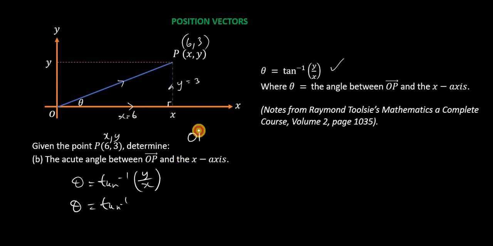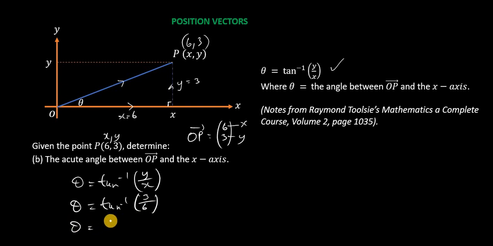And so we recall that the position vector OP as a column vector is 6, 3, just like the coordinates of P. And remember, the first component is our x component, and the second component is our y component. And in the formula tan inverse, we have y divided by x. So we take the second component, put it on top, since that's a y component, and divide it by the x component according to the formula, which is 6.